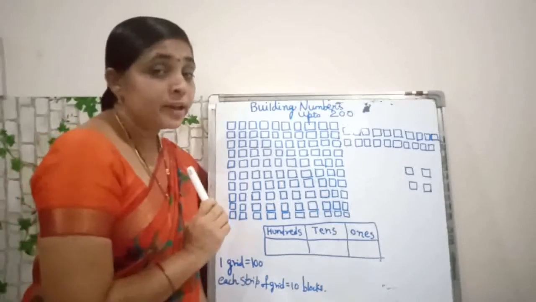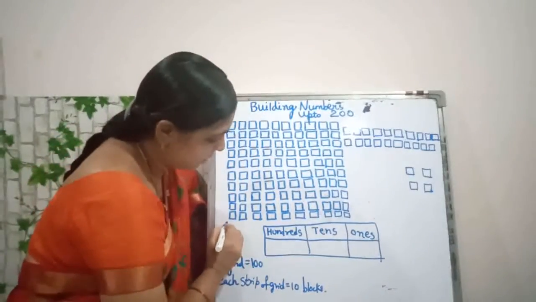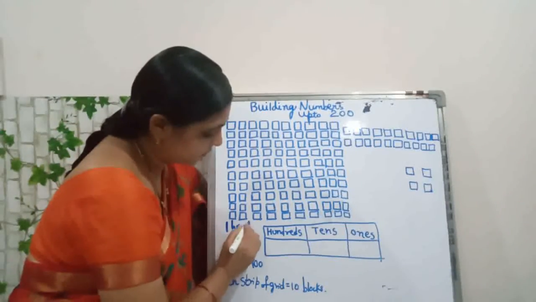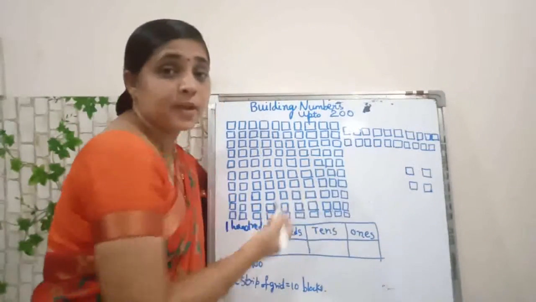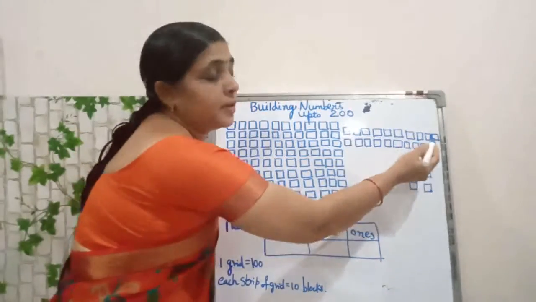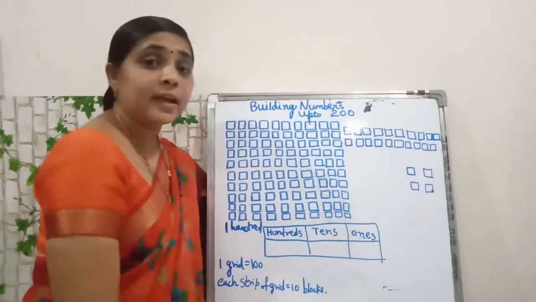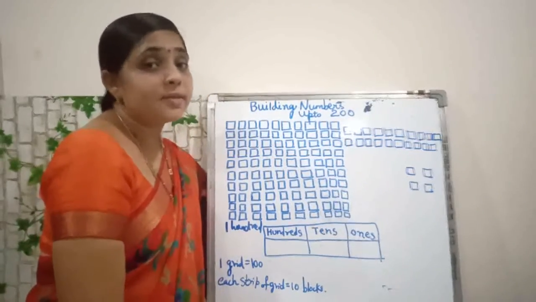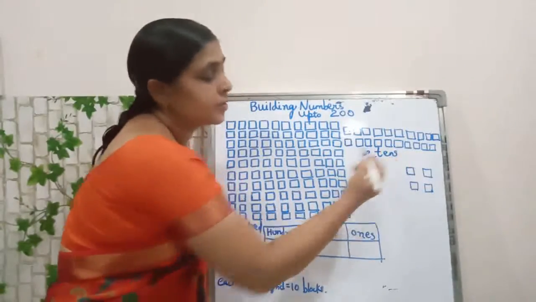You have to write this as 100. And here, how many strips are there? 2 strips. One strip is called a 10. So, how many tens are there here? 2 tens are there. You have to write 2 tens.